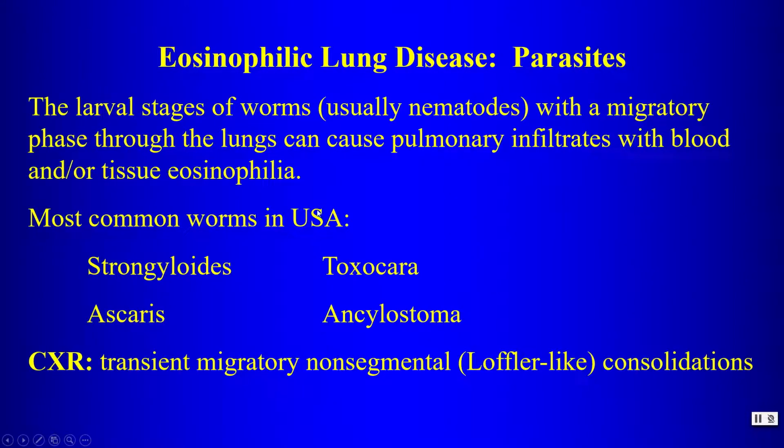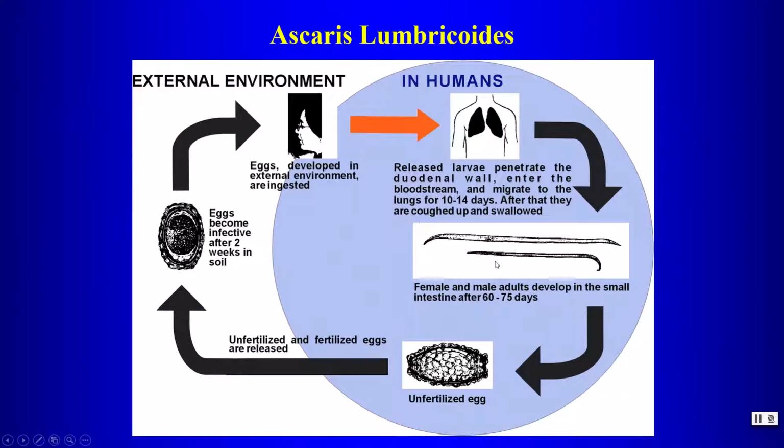So the larval stages of these worms might have a migratory phase through the lungs. They can cause pulmonary consolidations with blood or tissue eosinophilia, and you can see the most common types of worms in the United States I've listed here, and this can give you transient migratory non-segmental or Loeffler-like consolidations.